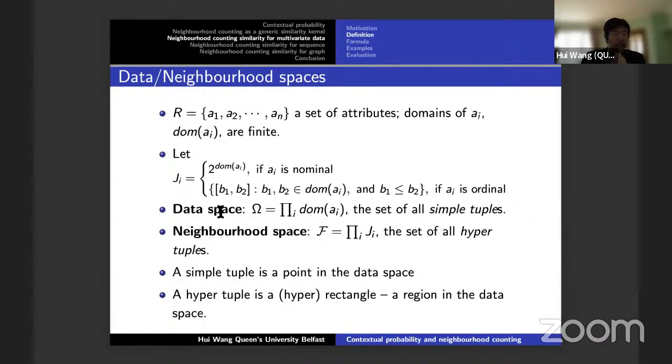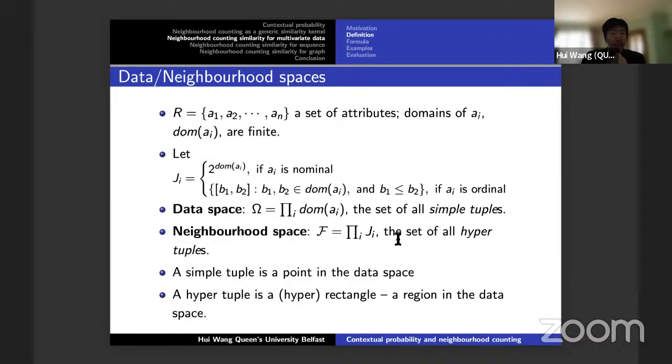Okay, and then the data space can be defined in this way. That is simply the product of all the domains of the attributes. Each element of the data space is called a simple tuple or a data tuple. And the neighborhood space is defined in this way. It is simply a product of this quantity that I defined earlier.